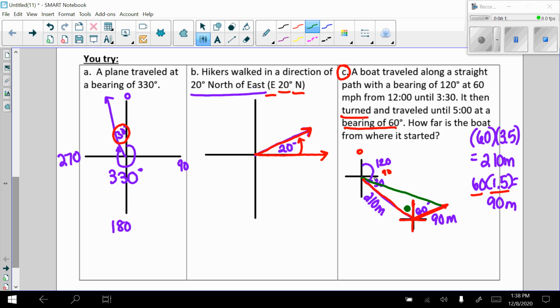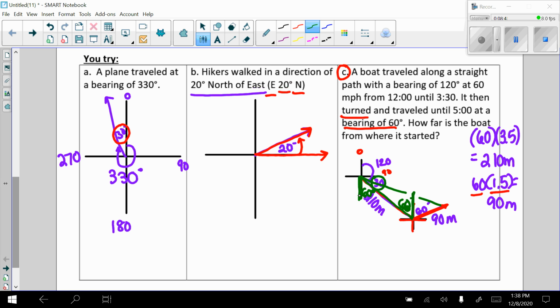So let's remember, if this is 30 degrees, the complement to that is 60, right? 30 plus 60 equals 90. And here's where we have those parallel lines. We have a bearing of 0, then we have the direction that the ship went, or the boat, and then we have here going this way again. So if this is 60, this is also a 60-degree angle.